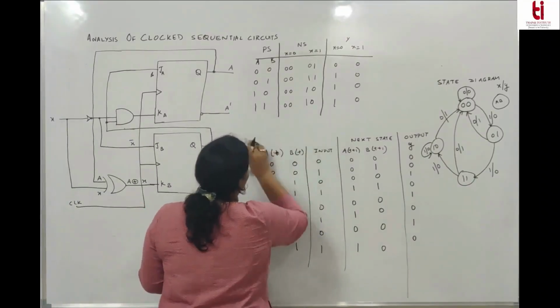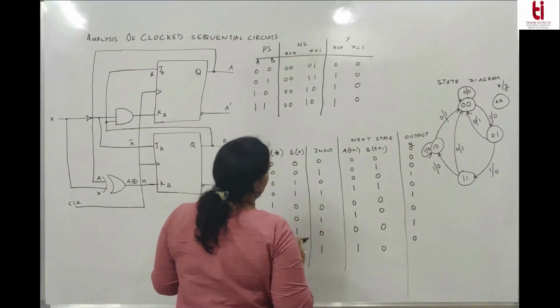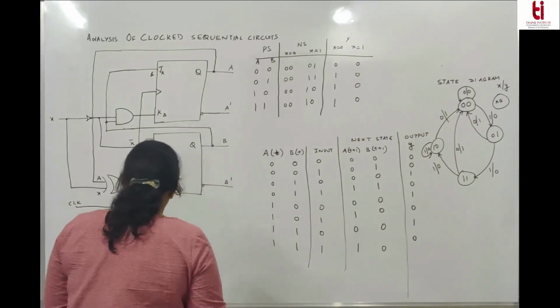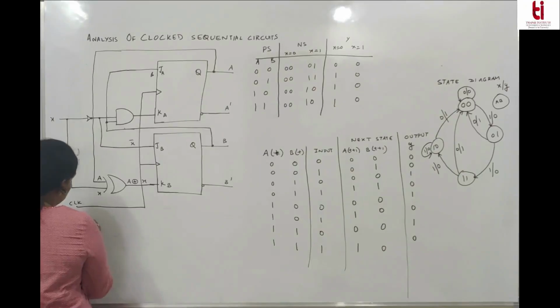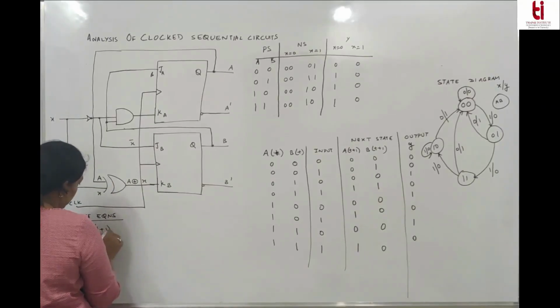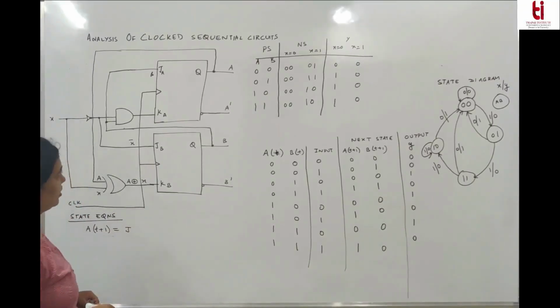Now we have to start with the state equations. First write the state equations. What is A for a J flip-flop?